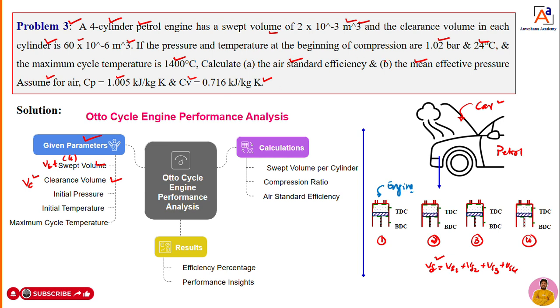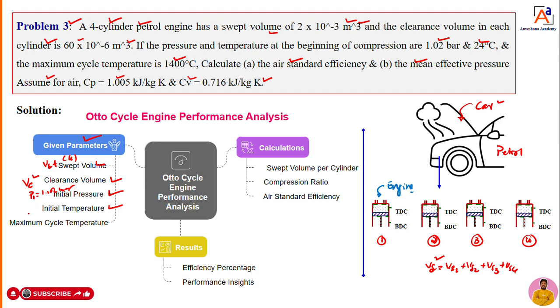Okay, fine. Next, he has given the pressure and temperature at the beginning of the compression. So before starting the compression, the pressure and temperature of the air-fuel mixture are 1.02 bar and 24 degrees Celsius. Hence initial pressure and initial temperature are given. Initial pressure I will mark here as P1, that P1 is equal to 1.02 bar.